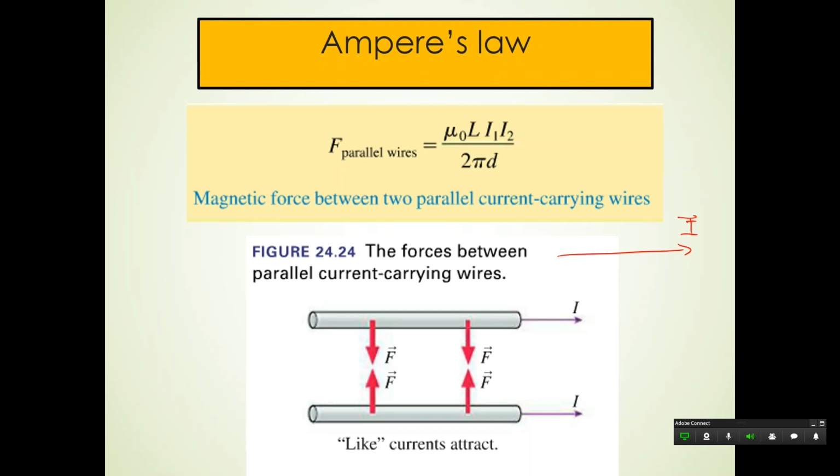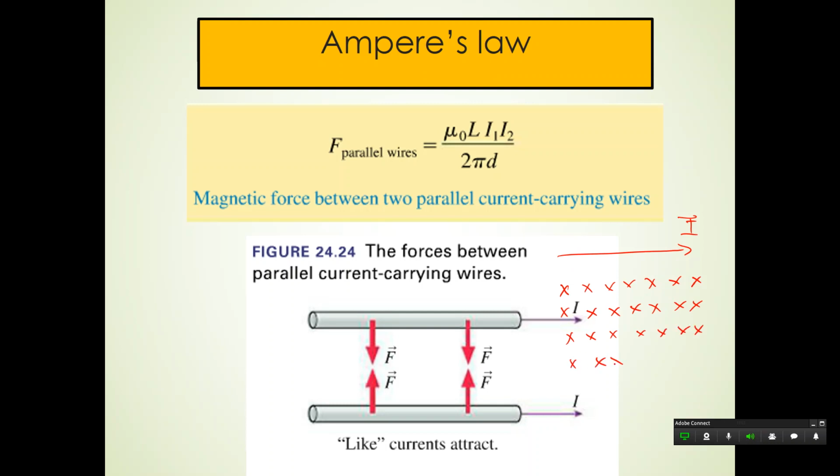Use your right hand, tell me for my lone wire which direction the magnetic field is going to be. Towards the board. So this is going to produce a magnetic field that looks like this, pretty much everywhere below the wire. It's going to get weaker and weaker as you get further and further away. But essentially, it's a magnetic field everywhere down here.